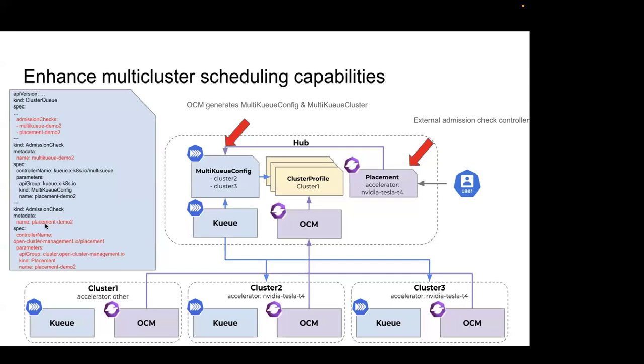In the Placement AdmissionCheck, they need to define the controller, pointing to the Placement from OCM, and in the parameters they have to reference the Placement resource name. With this defined, the external AdmissionCheck controller will read the clusters from the PlacementDecision and generate the MultiKueueConfig and MultiKueueClusters for Kueue users.